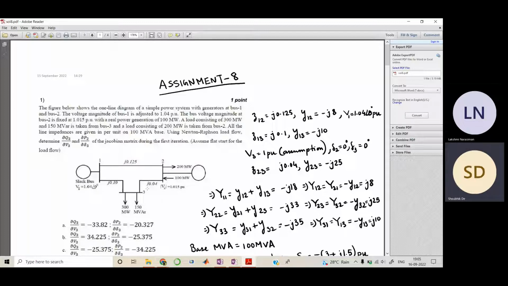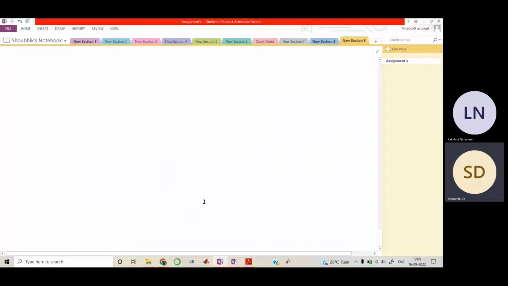Looking at this, we can somewhat construct the Jacobian matrix. What would the matrix look like? Let me write that, and then we will go to the problem. I hope you can see this notebook.